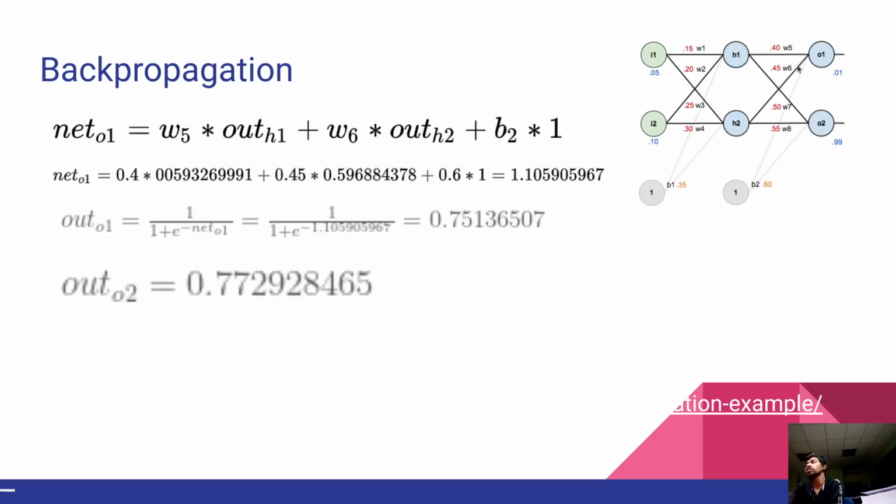This one is W6. I thought H1 to O2 is 0.45. No. What is H1 to O2 then? H1 to O2 is 0.50. This one is W7. Okay, just some labeling confusion. Yeah.